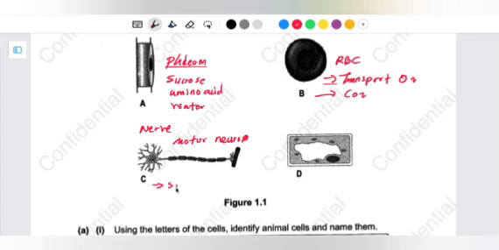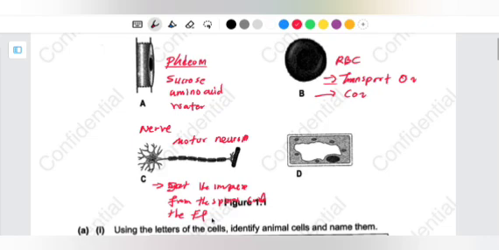So you can just say get the signal from the spinal cord to the effector site.